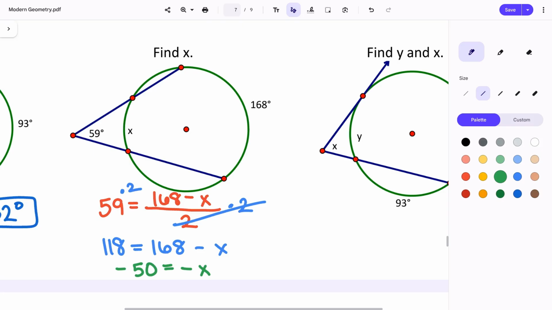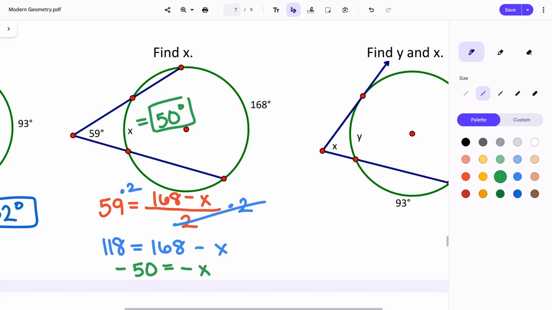We can't leave an x negative like that, so what's the last thing we need to do? Yeah, just switch its sign, right? We just get rid of the negative 1, but that also affects the number, so x is actually equal to, yeah, just 50. Good. Make sure you don't leave it negative. When you're doing really any of these problems today, if you're filling in for an angle or an arc, probably shouldn't be negative.